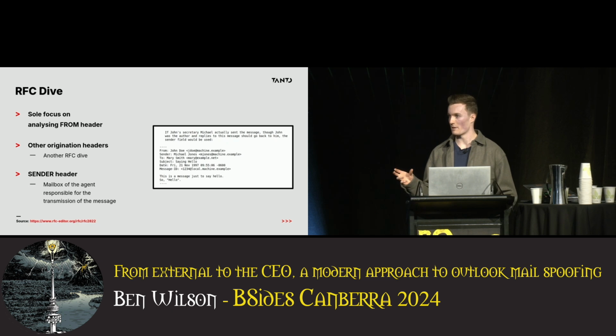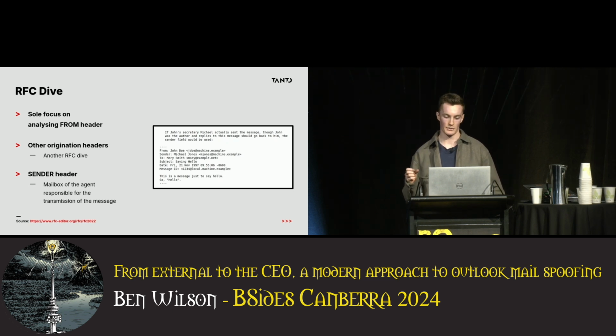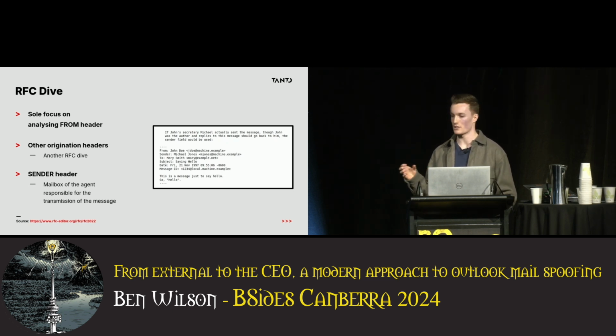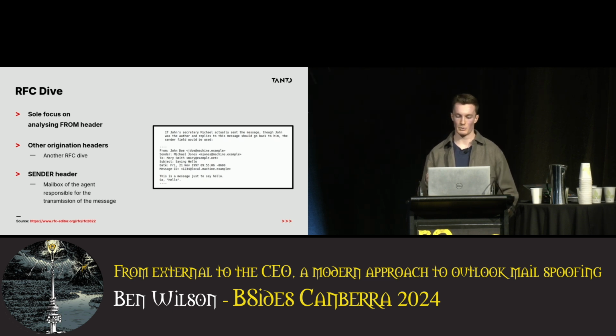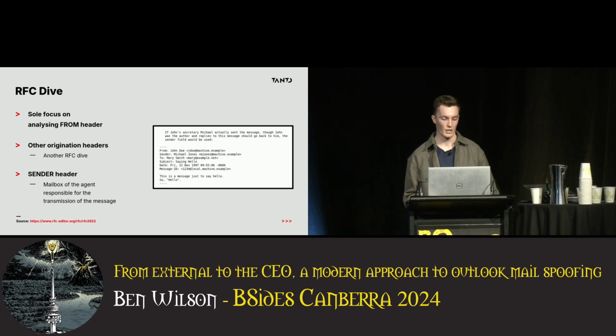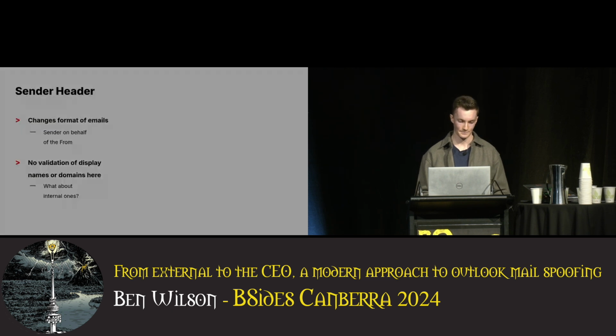So he writes up the message and passes it on to Michael, and Michael sends it on his behalf to Mary. Michael would then be the mailbox responsible for the transmission of the message, but John was the actual original author of the message. That's probably the best way to explain it.